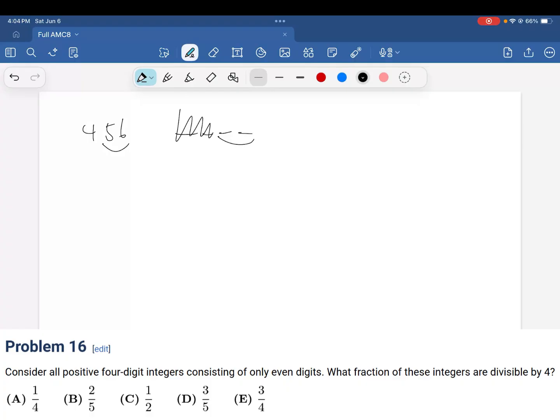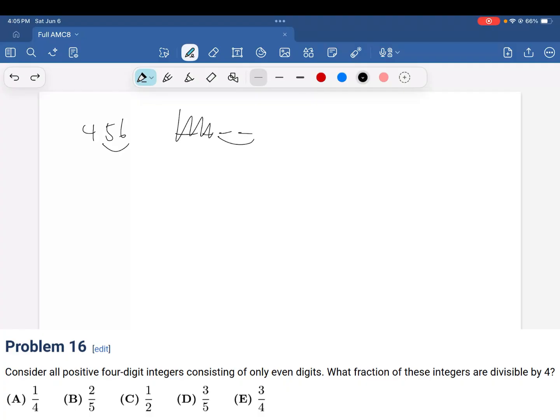What fraction of these are divisible by 4? And we can do this because the value of these two first digits doesn't change its divisibility. So this type of thing will make seemingly hard questions more manageable.